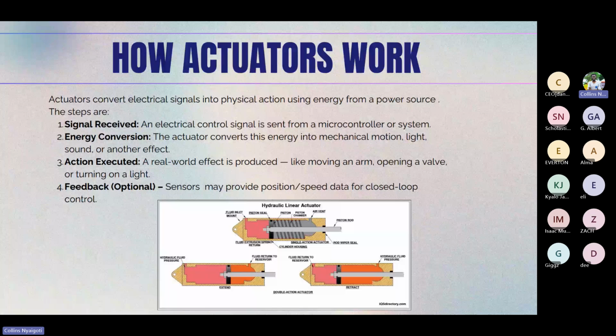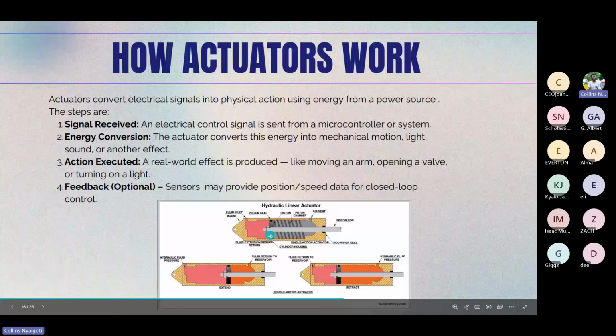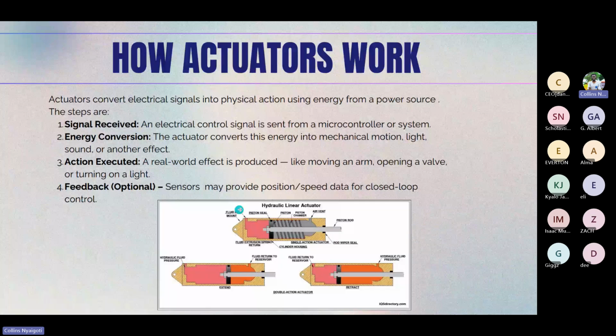You can see I have a hydraulic linear actuator. There's a fluid inlet. This one uses hydraulics, not necessarily electrical. The fluid comes in here, pushes the piston, and maybe the piston moves a component, creating an action.